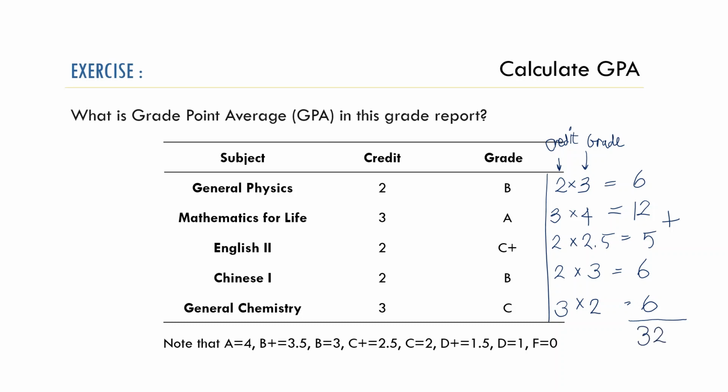Okay, so to find the GPA, you have to use the overall result that you get, 32, divided by the overall credits. So overall points divided by credits, which is equal to how many? 12 credits. So the GPA of this person is going to turn into 2.67.